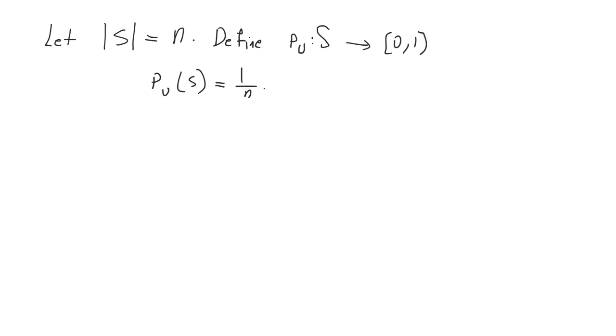And it is now clear that the sum of P sub u over all the elements of S becomes 1, and therefore it's a probability distribution. And this probability distribution is called the uniform distribution.